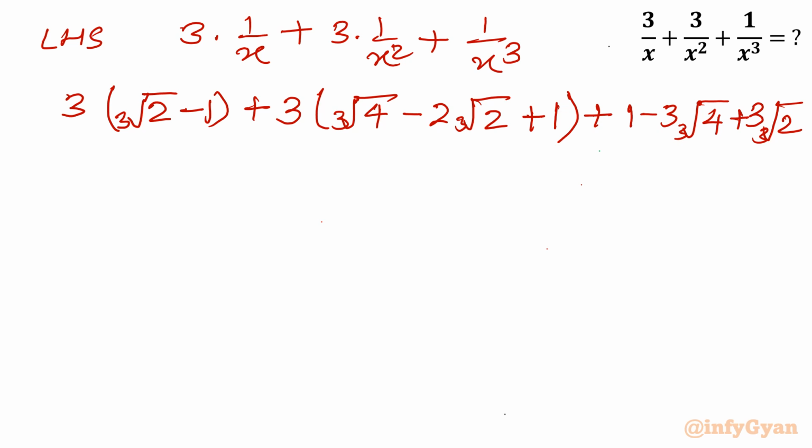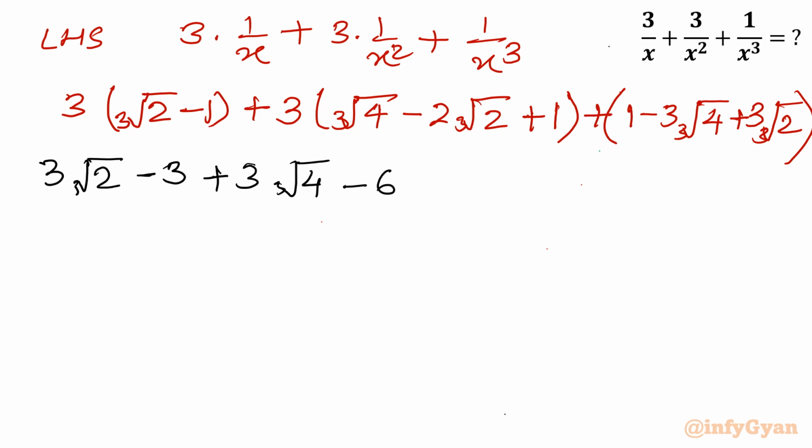Now we have to only simplify to get our final answer. So let me write here the expansion, the multiplication. So I will be writing 3 times cube root of 2 minus 3 plus 3 times cube root of 4 minus 6 times cube root of 2 plus 3 plus 1 minus 3 times cube root 4 plus 3 times cube root 2.